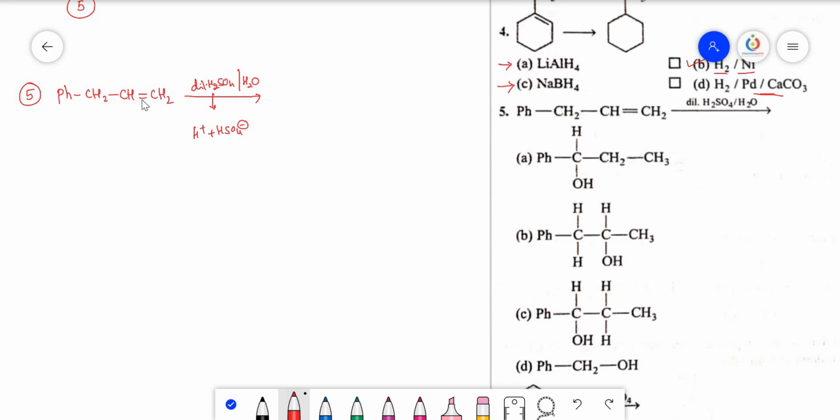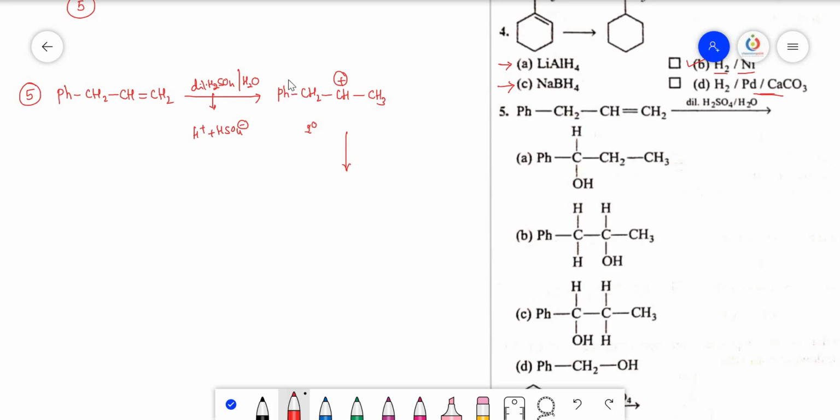As usual, the H+ ion will attack the double bonded carbon atom, and this is a non-symmetrical alkene. So according to Markovnikov's rule, the positive part of the reagent will be added to the carbon with more hydrogens. So Ph-CH2-CH+-CH3, with the positive charge here. This is a secondary carbocation, which is stable to some extent.